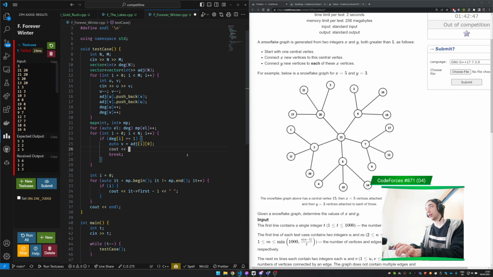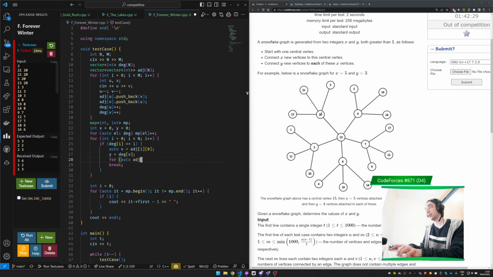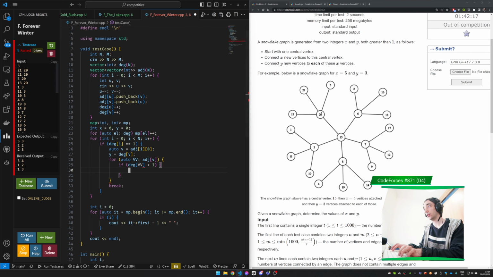So Y is the degree of V, and then for all of the adjacency at V, if the degree of VV is bigger than 1, then X is the degree of VV.